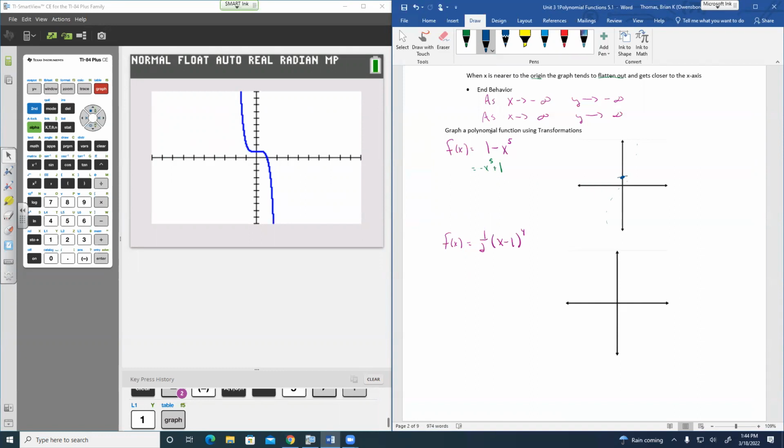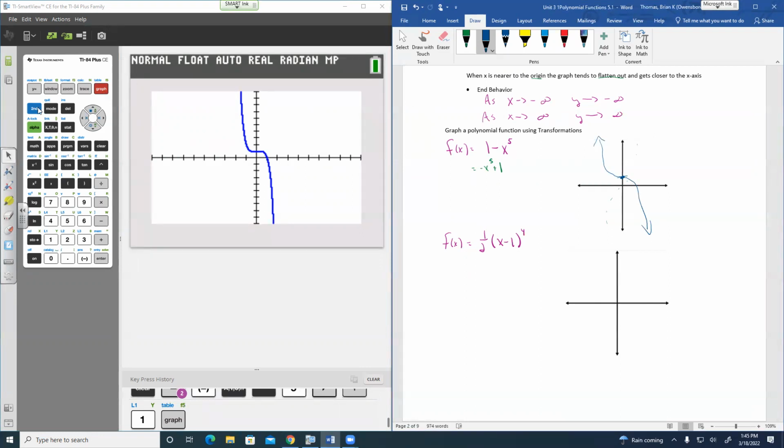And the negative kind of means the graph reflects. So the part that was going up is now going to be reflecting down, and the part that was reflecting down is now going to be reflecting up. So it kind of gets mirrored across the x-axis there because of that negative.